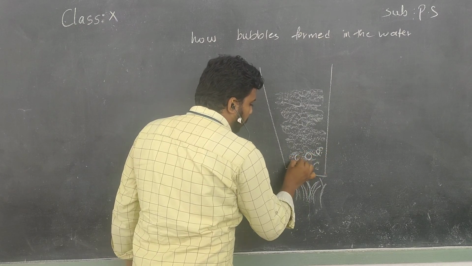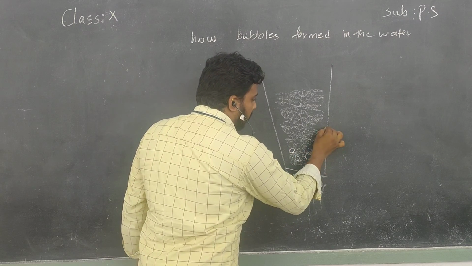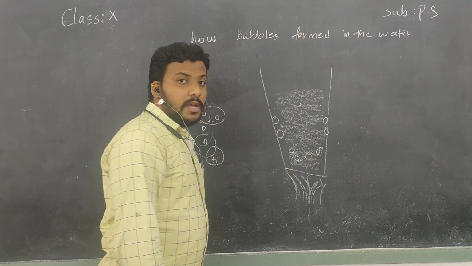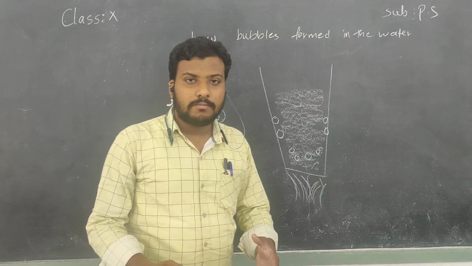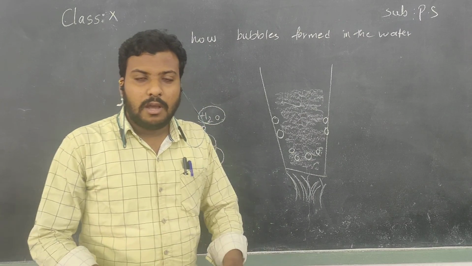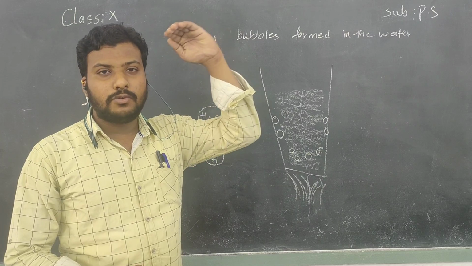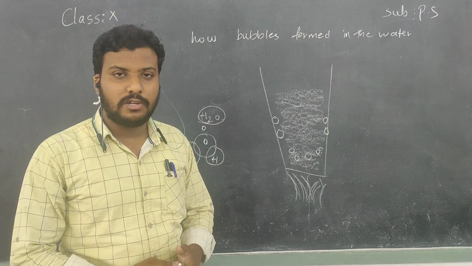At the bottom of the tumbler or at the walls of the vessel, they start to rise like this. But they need some temperature and some pressure. After getting some temperature and pressure, they rise up to the surface of the water, children.